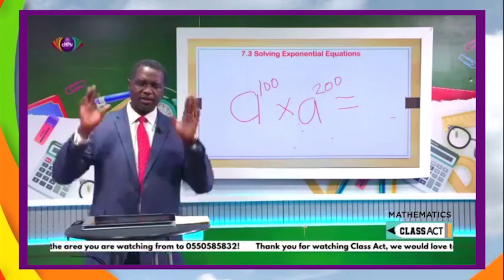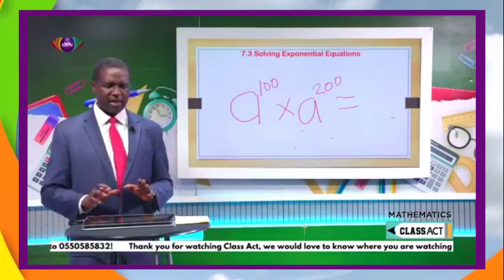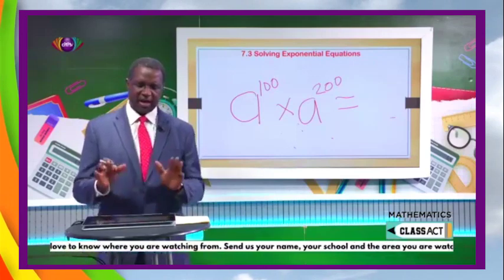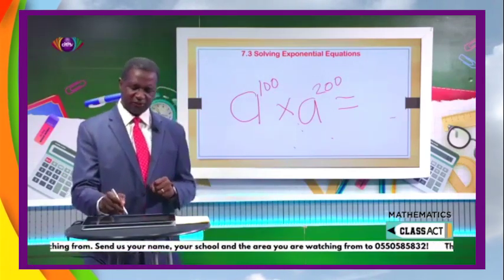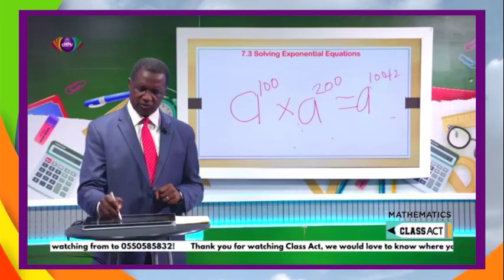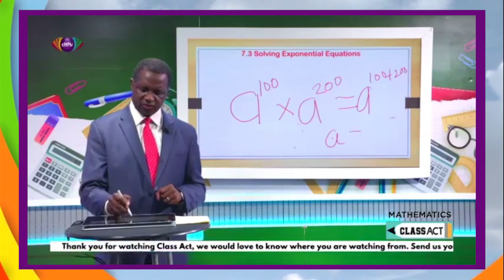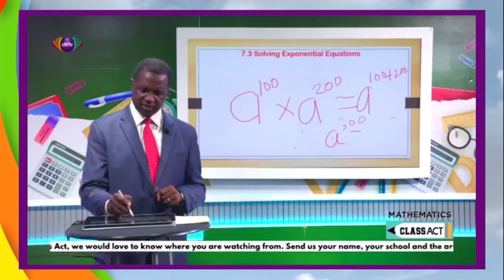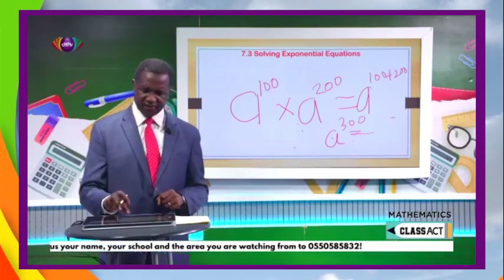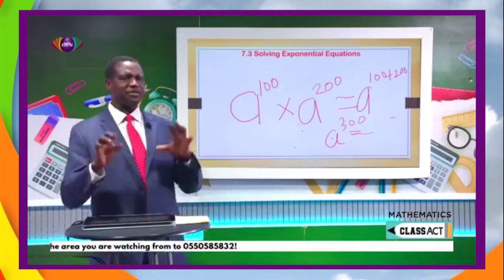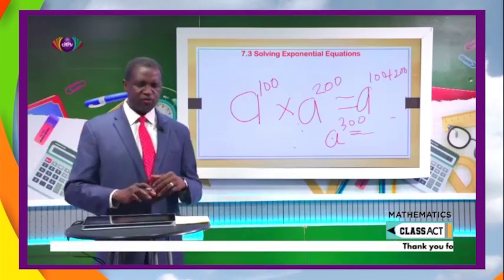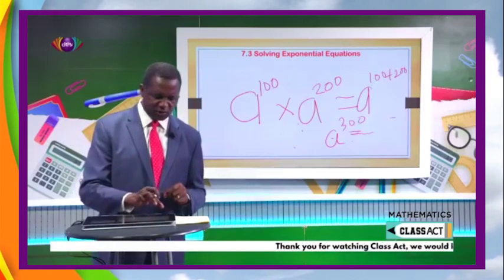All that I know is that there's a rule: if I'm multiplying exponents, and the bases are the same, I have a and a, I just have to add the powers. So the first step would be a to the power of 100 plus 200, and that gives me a to the power of 300. Simple. So I'm using the properties of exponents. In this case, I'm doing multiplication and I'm just adding the powers. These are some of the rules that we need to understand. Now, if you were doing division, it's a different thing. Let me quickly go through that.